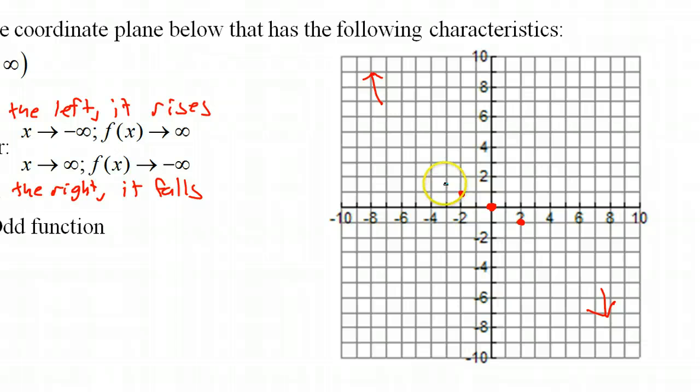Okay, let's keep going. Alright, so I could put a point here and here. If I put a point here, that was over 4 up 3, so I would make sure I go over 4 down 3. And then I might put a point like here.